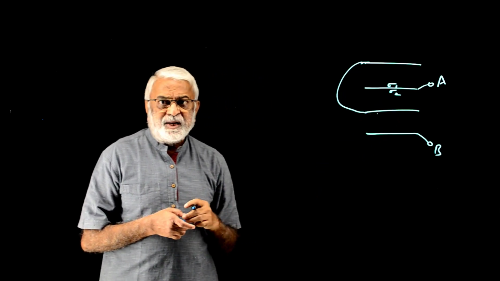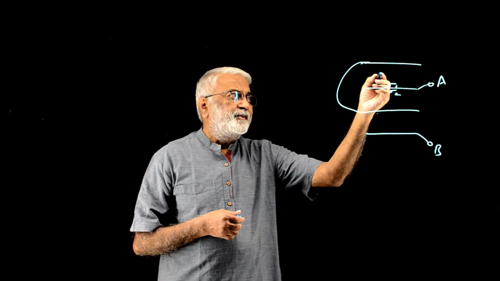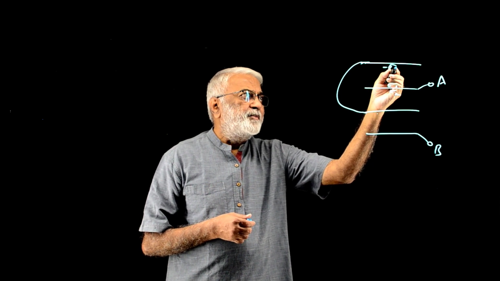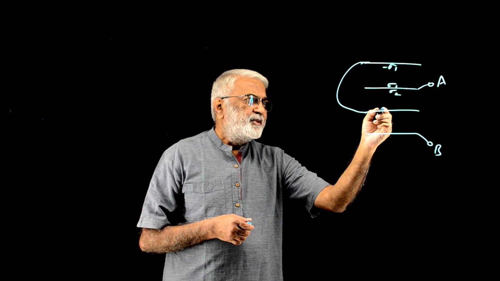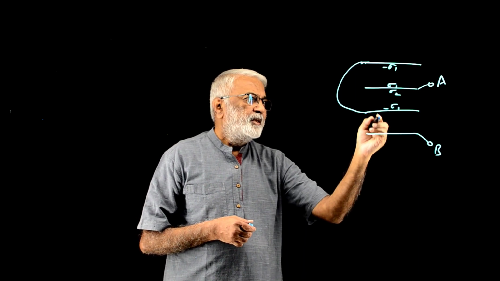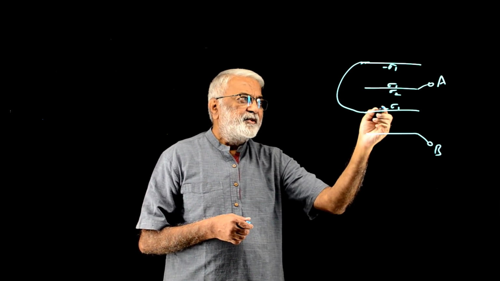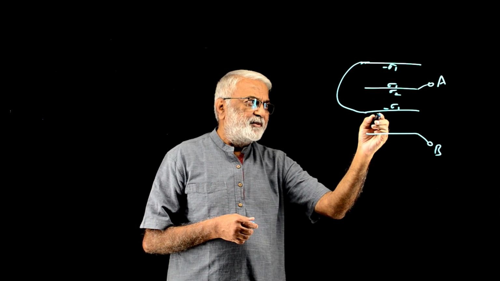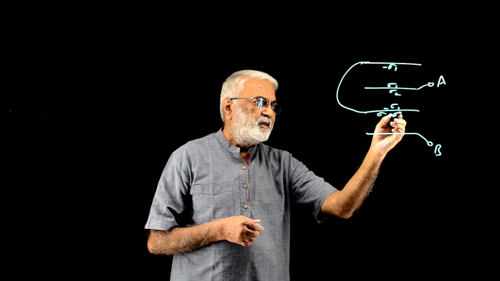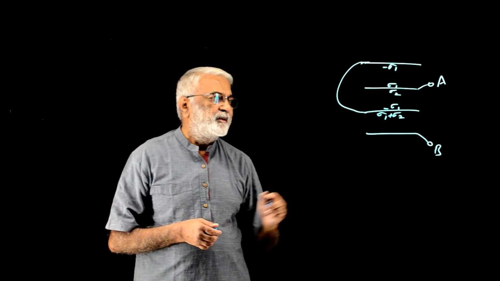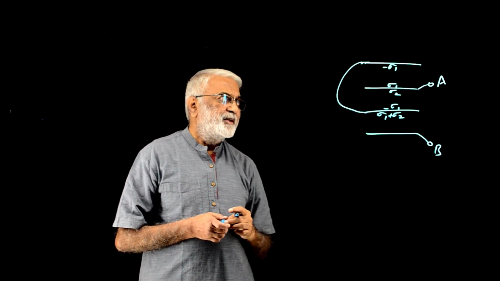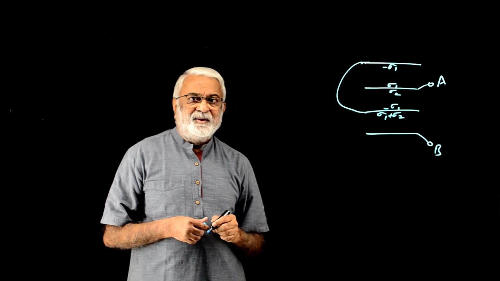We'll assume as many labels as necessary. Facing layers must be equal and opposite. This is minus sigma 1 and this sigma 2, so this is minus sigma 2. This minus sigma 1, so total charge must be 0, that will be sigma 1 plus sigma 2 here. And this will be minus sigma 1 plus sigma 2 and charge leaves through B. This is minus sigma 1 plus sigma 2.